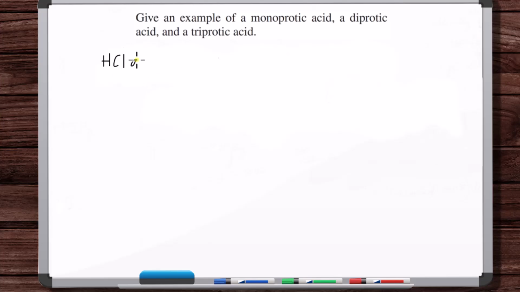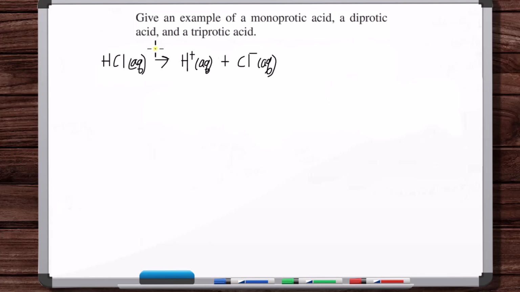When this is dissolved in water, it breaks up into dissolved, hydrated H+ cations and Cl- anions. And that's it. This doesn't have any more protons that it can break off. Each unit of HCl is going to result in one proton. So this is considered a monoprotic acid.